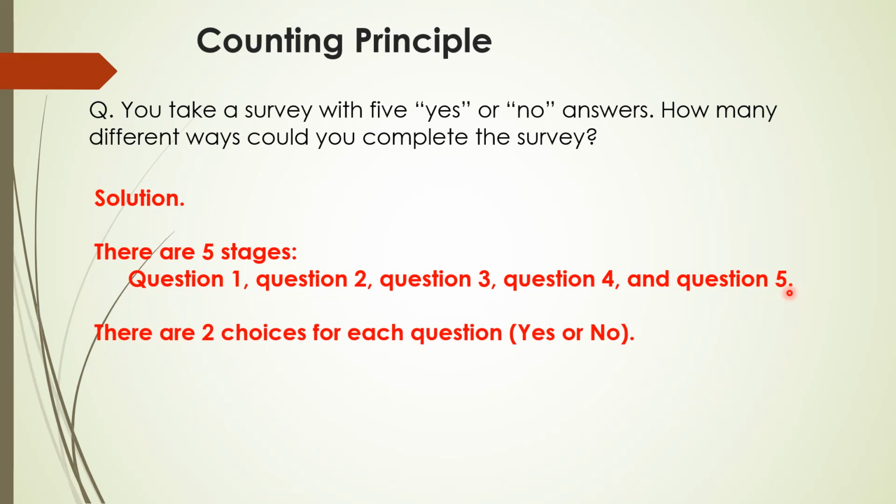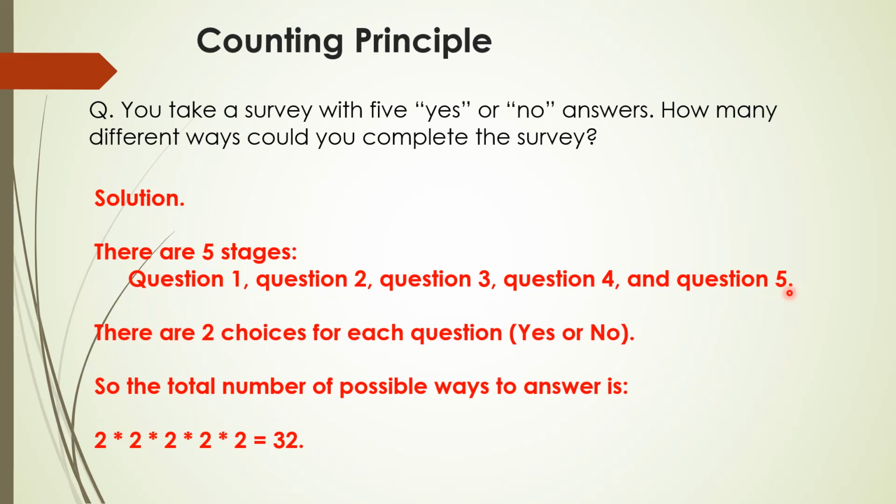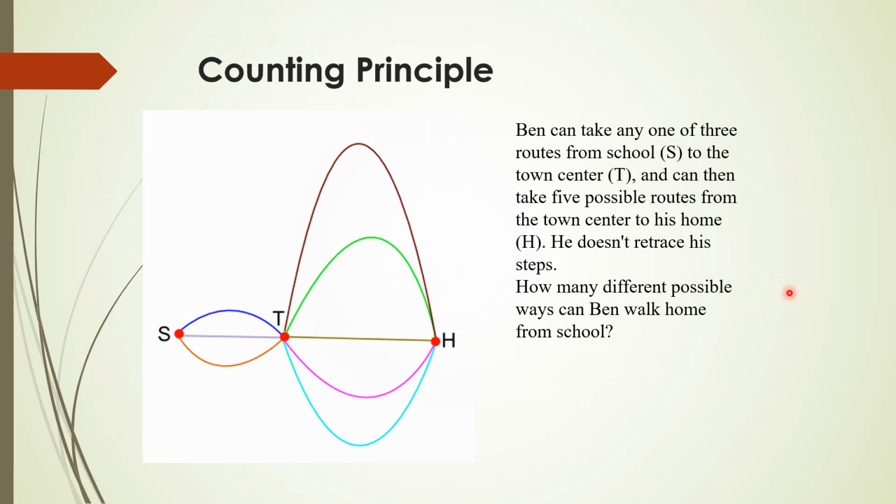Each stage has a choice of 2, a yes or a no. So the total number of possible ways to answer is 2 times 2 times 2 times 2 times 2. So 2 to the power of 5. Your number of choices to the power of the stages that were available to you. Okay, so there's 32 ways in which you can answer a survey of 5 questions where the answer is a choice of yes or no.